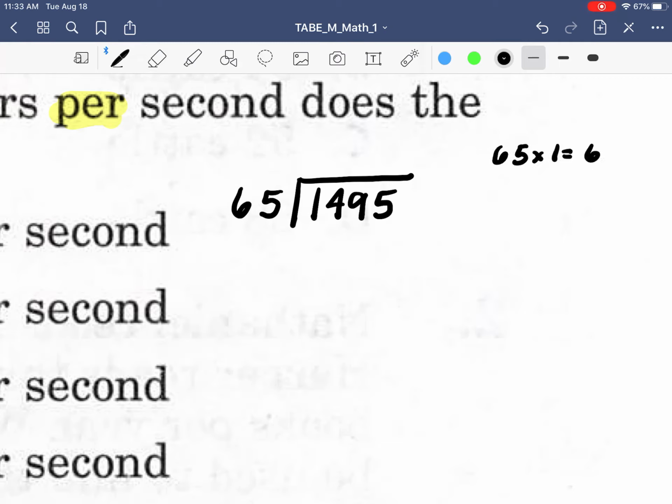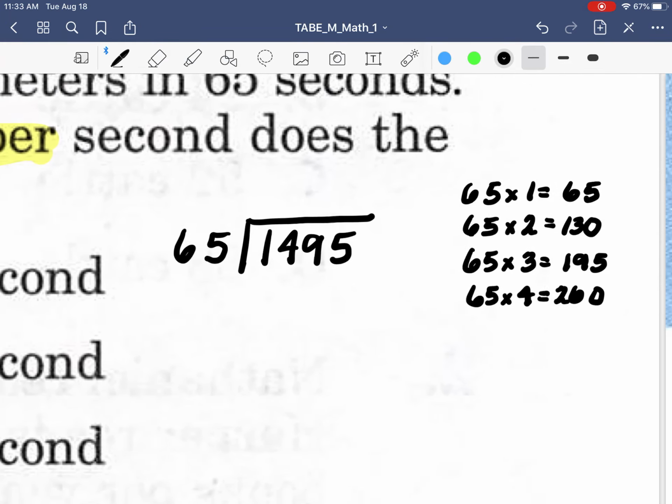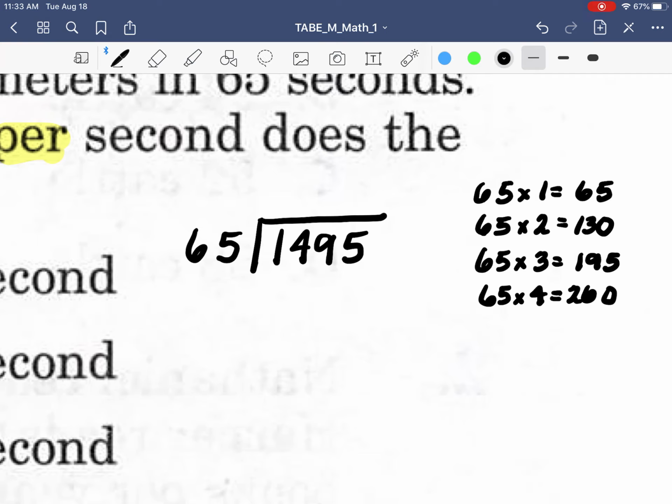But I am not going to try to do that in my head. This divisor is just a little too big for me to do that. And if you need to stop the video and figure this out, that's fine. So let's see if 4 will do it, since those are so big. It may not. We'll see.